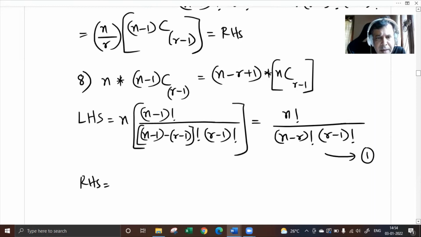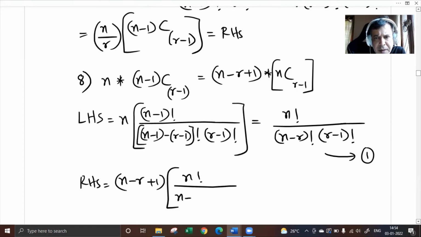Which is (n minus r plus 1) times, inside the brackets, nC(r minus 1), which can be written as n! by (n minus (r minus 1))! times (r minus 1)!.